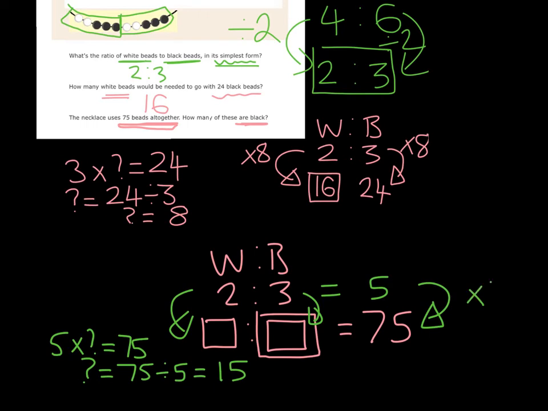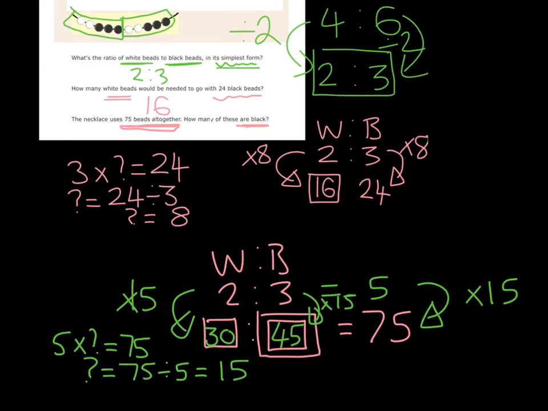So I would need 15 more lots to get to 75, and I would need to times all parts of the ratio by 15. 2 15s make 30, 3 15s make 45, and they add together to make that 75.